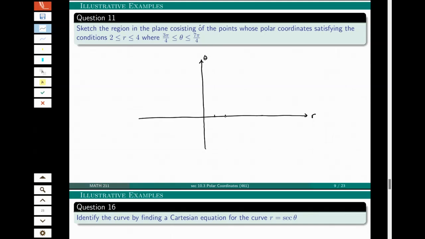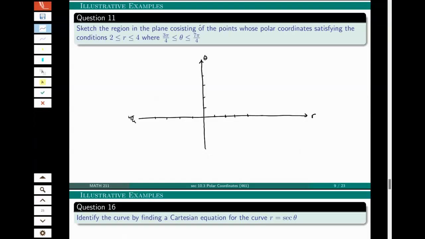R between 2 and 4, let's say this is 1, that's 2, 3, 4. So we have R between 2 and 4, the angle between 3 pi over 4.